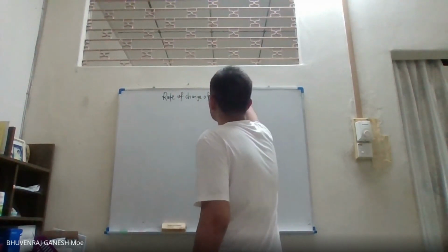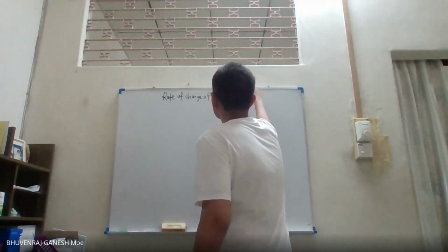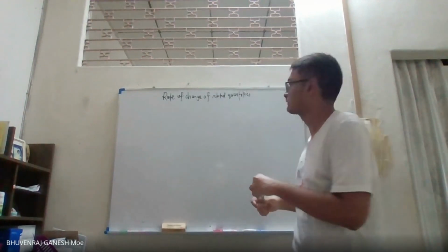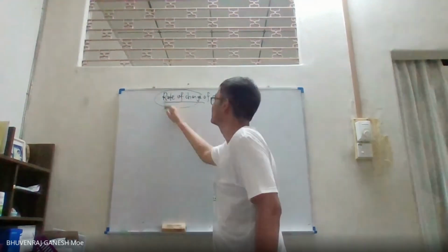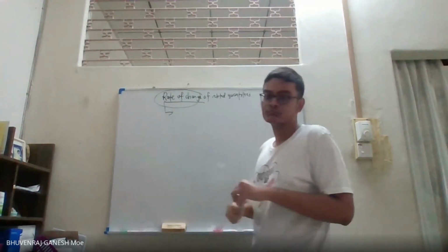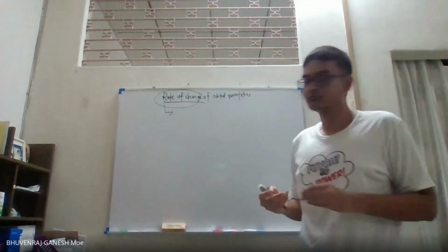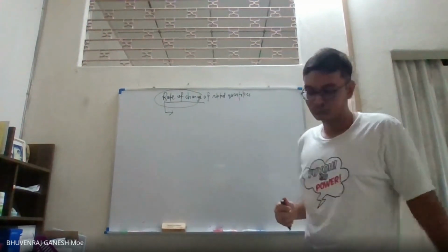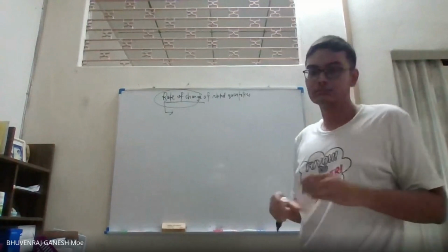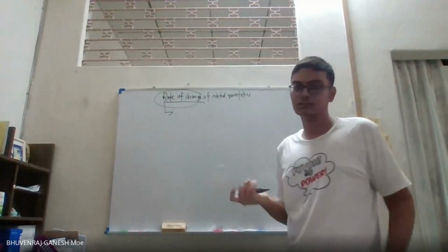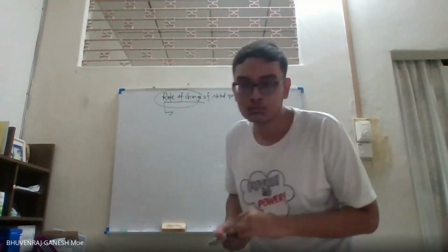Okay, so this is a subtopic in the textbook, that's why I tell it here. First of all, you need to know what is rate of change. What do they mean by rate of change? Do you know what rate means? In maths, when you see the word rate, what is the physical quantity that comes to your mind?